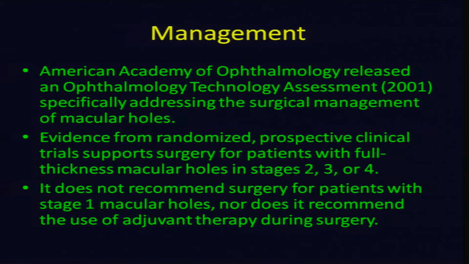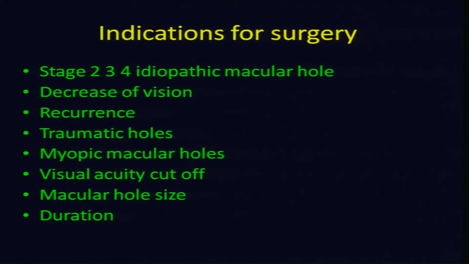So generally in stage 2, 3, 4 in idiopathic macular hole, you would consider surgery, or if there is a decrease of vision, or if there is a recurrence. Traumatic holes, you may wait for the first 3 to 4 months because some of these traumatic holes show spontaneous resolution. Myopic macular holes often require surgery.